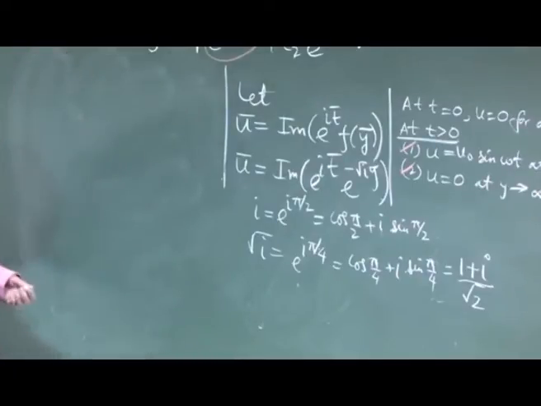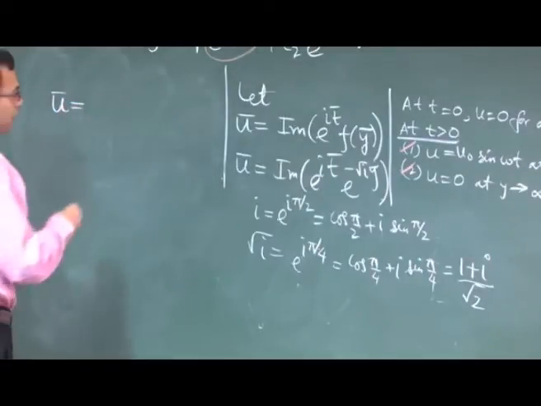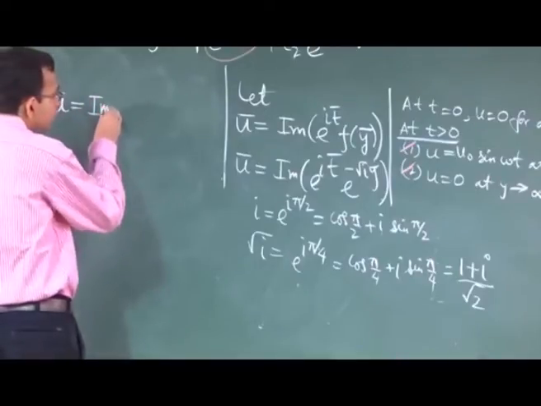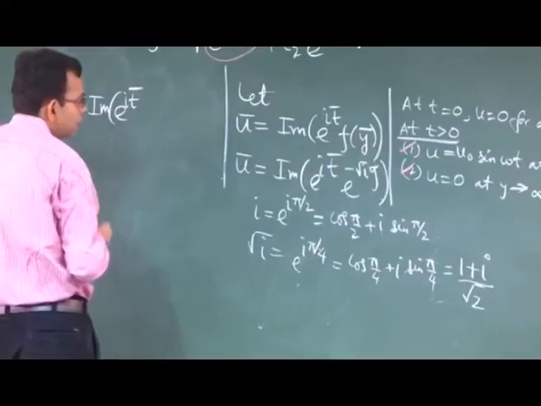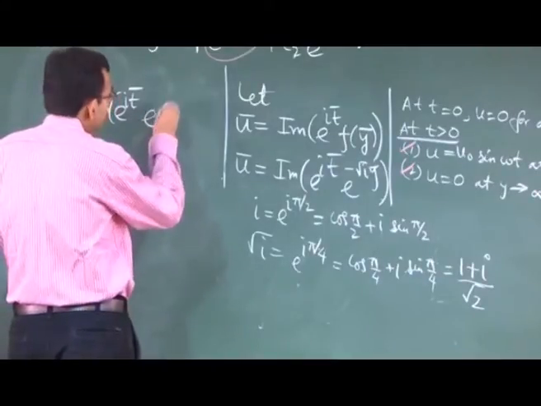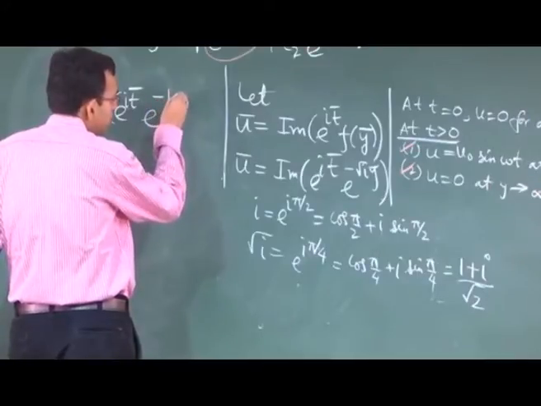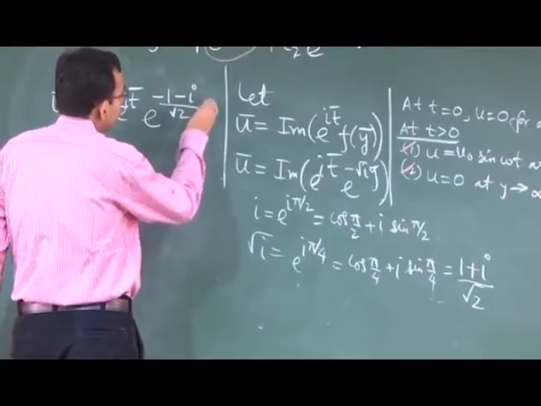So, that means you have the solution u equal to imaginary of this non dimensional u, of course, e to the power i t into e to the power minus 1 minus i by root 2.